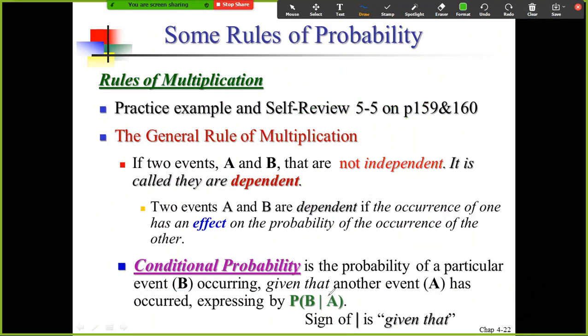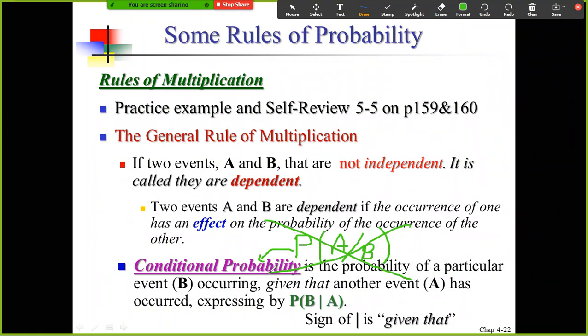I hope that you will not confuse this. Don't write this way. This is not conditional probability. Be careful, I have said it again and again.